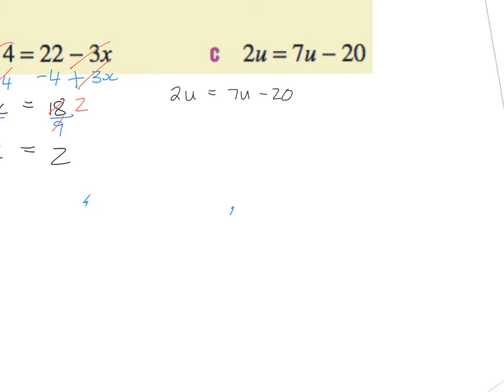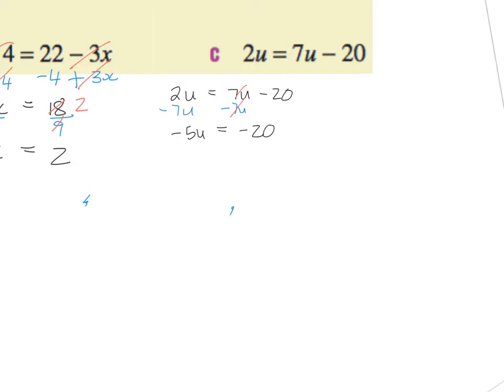If you get used to getting rid of all the unknown values on the right-hand side, the first way to do this is to say I want to get rid of 7u on the right-hand side, so I'm going to subtract 7u, and then I'm going to subtract 7u on this side. 7u take 7u is nothing. 2u minus 7u is negative 5u, and that equals negative 20.